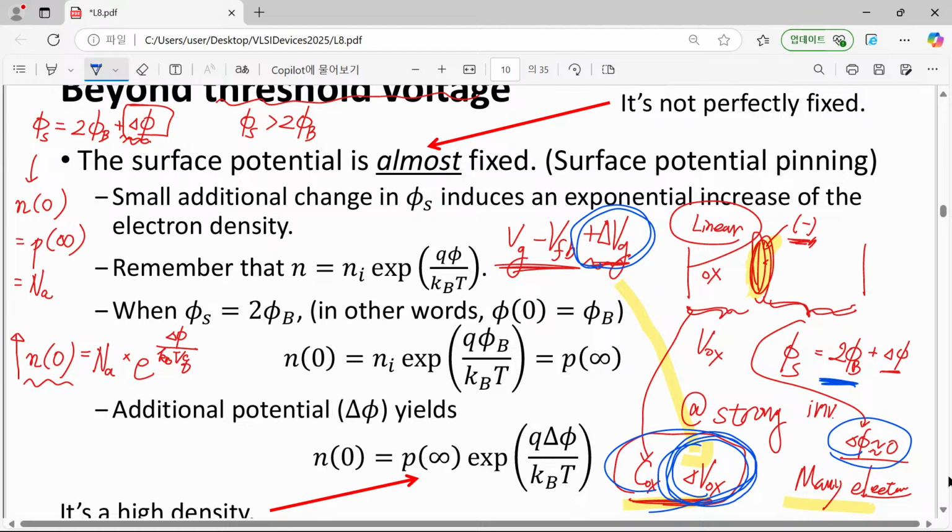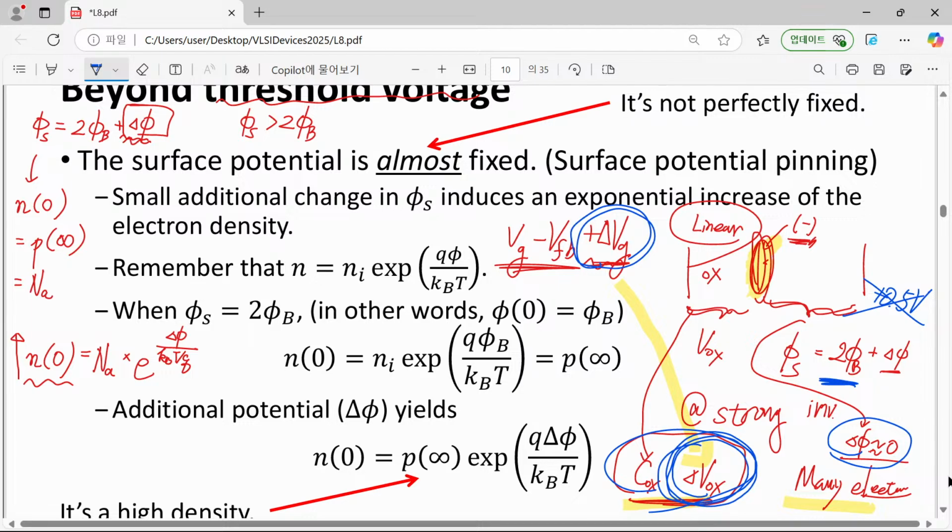Don't be confused by this statement. It is not exactly fixed at 2 times phi b, but it does not grow significantly. I mean that it does not add 0.5 volt. It is just increasing by 1 times the thermal voltage, 2 times, 3 times the thermal voltage. Of course, it can increase even 0.1 volt.